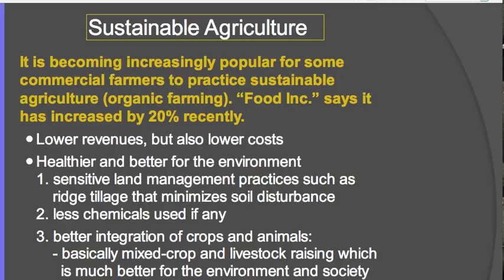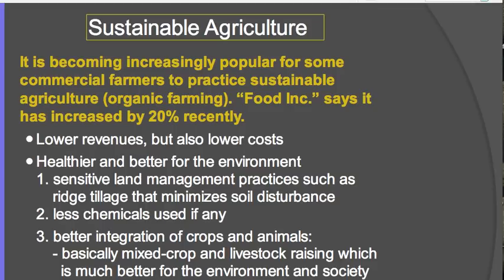using the environment in a sustainable way, so that you are not destroying it beyond what the land can handle. It's like not pushing the carrying capacity of the land. You might not get as much money from organic farming overall, but there's not as much money put into it.